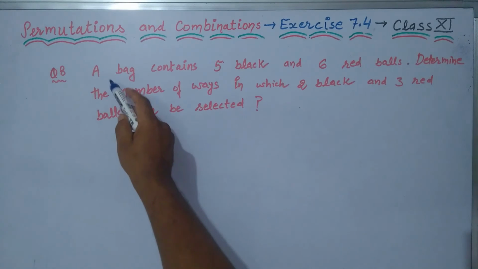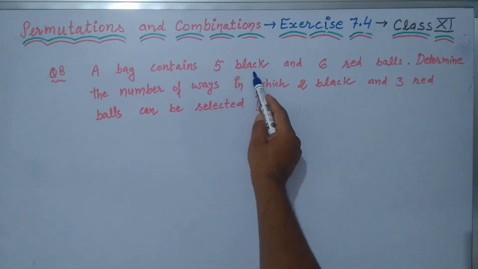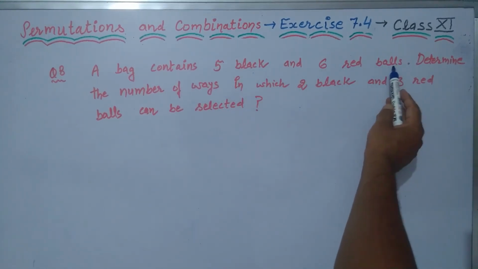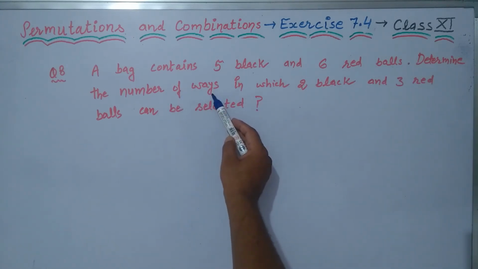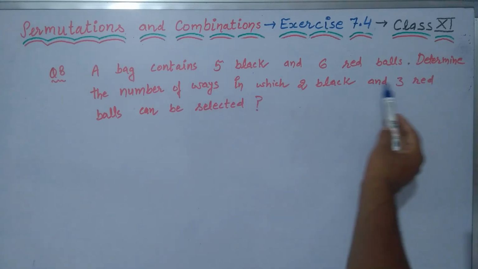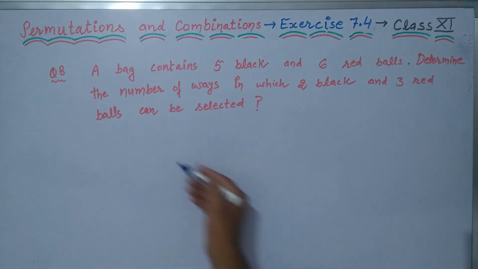Question number 8 is, a bag contains 5 black and 6 red balls. Determine the number of ways in which 2 black and 3 red balls can be selected.